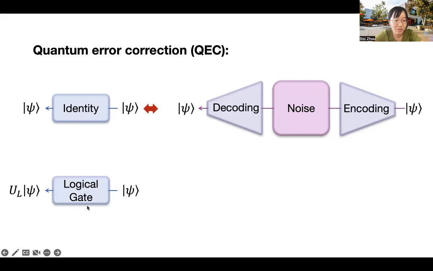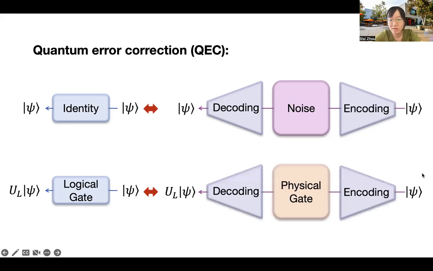For example, here we can take a look at the situation where we want to perform a logical gate UL on an arbitrary state psi. Since we are doing quantum error correction as well, what's going on here is that we must design a physical gate acting on the physical qubits such that when it is sandwiched by the encoding and decoding channel, the entire channel gives us the logical unitary operation UL.